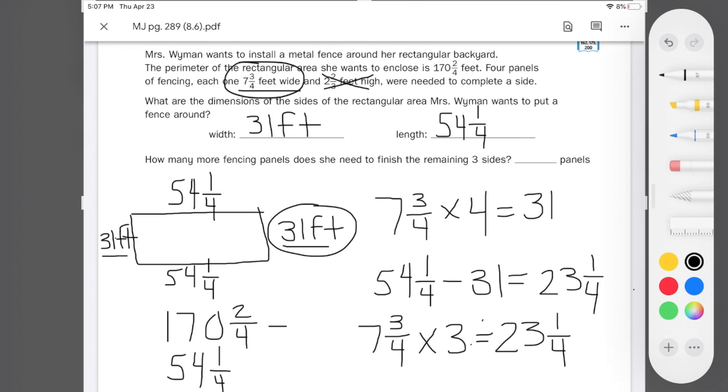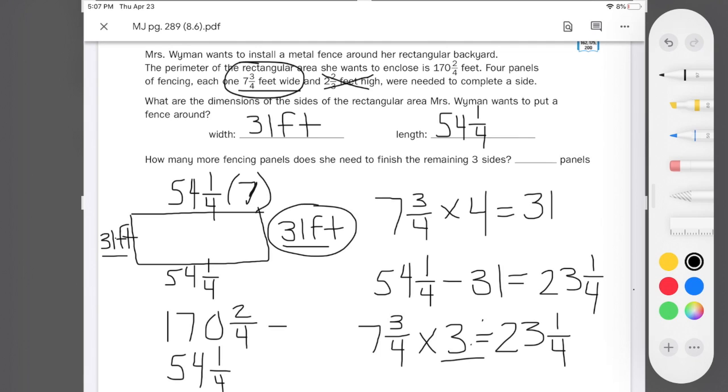You could solve this by guessing and checking, doing 7 3/4 times 2, seeing what it gets you, 7 3/4 times 3, and then you would obviously find the answer. So, a total of 7 panels will be needed to cover up the 54 and 1/4.